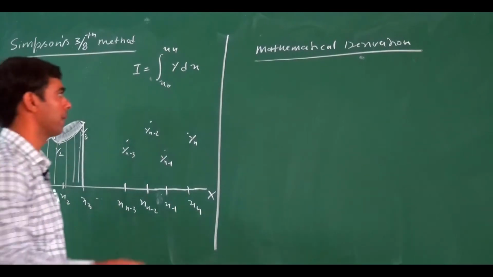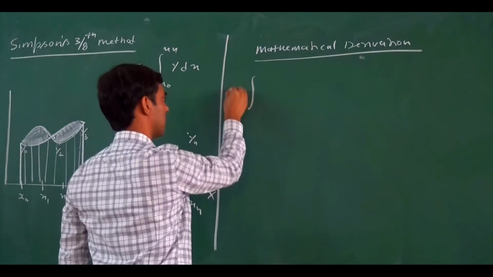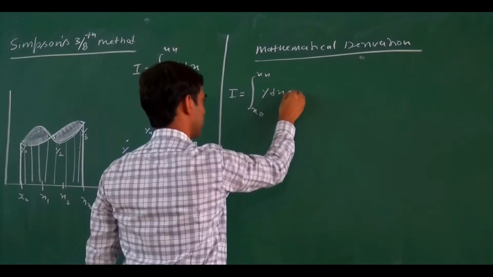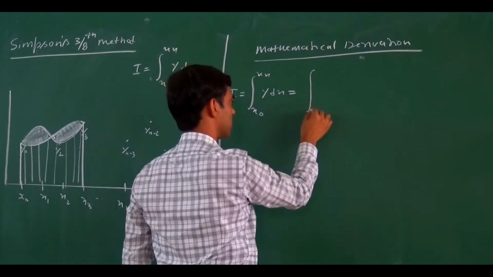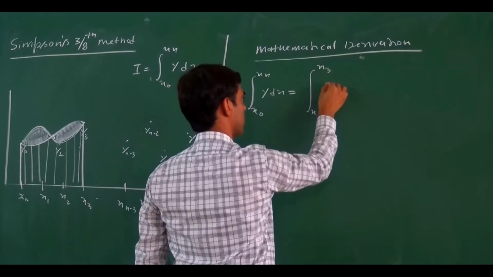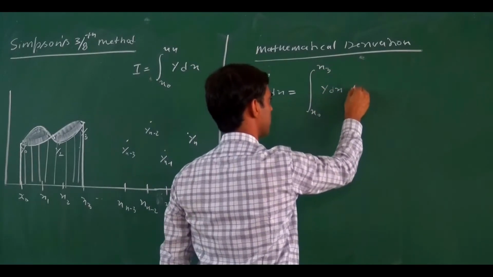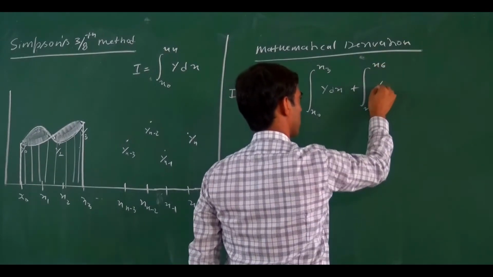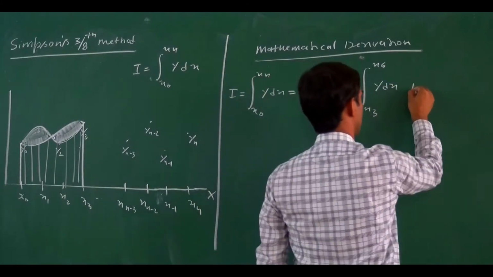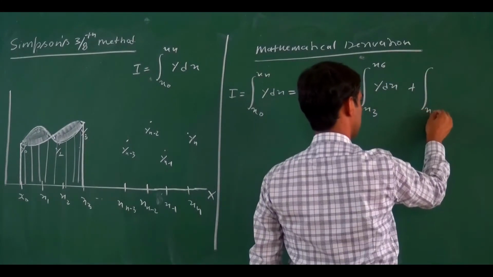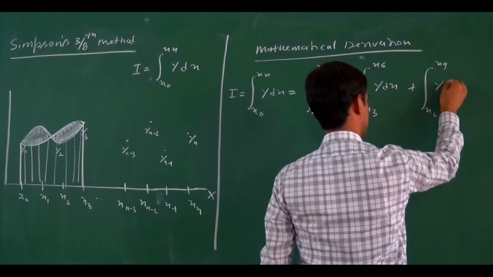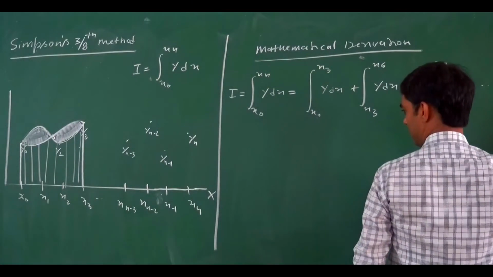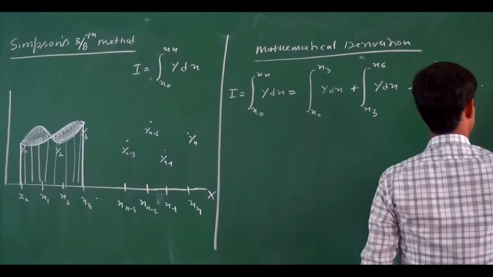This integration I equals the integral from x0 to xn of y dx, divided into groups of 4 terms: the integral from x0 to x3 of y dx, plus the integral from x3 to x6 of y dx, and similarly another term, x6 to x9 of y dx, and the last term is xn minus 3 to xn of y dx.